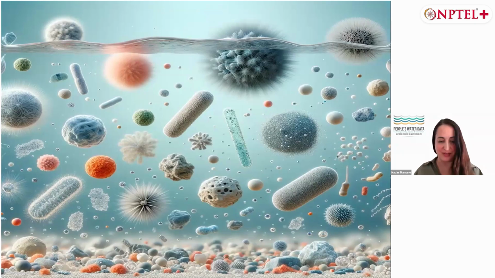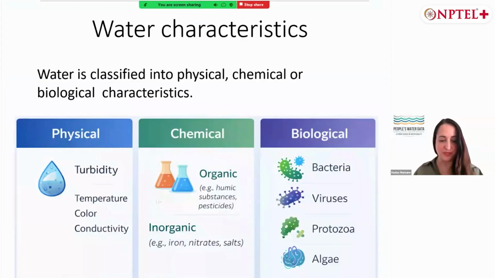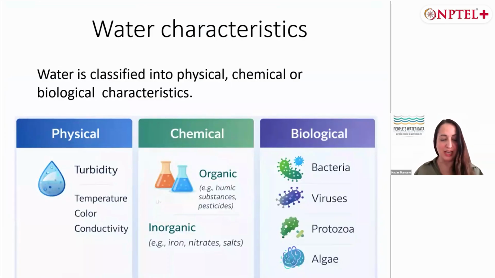So today, our goal is to understand how this soup of particles interacts with light and why this matters for human health. We classify water into three different pillars. One of the pillars is the physical characteristics of water that relates to temperature, conductivity, odor and taste, and suspended solids.